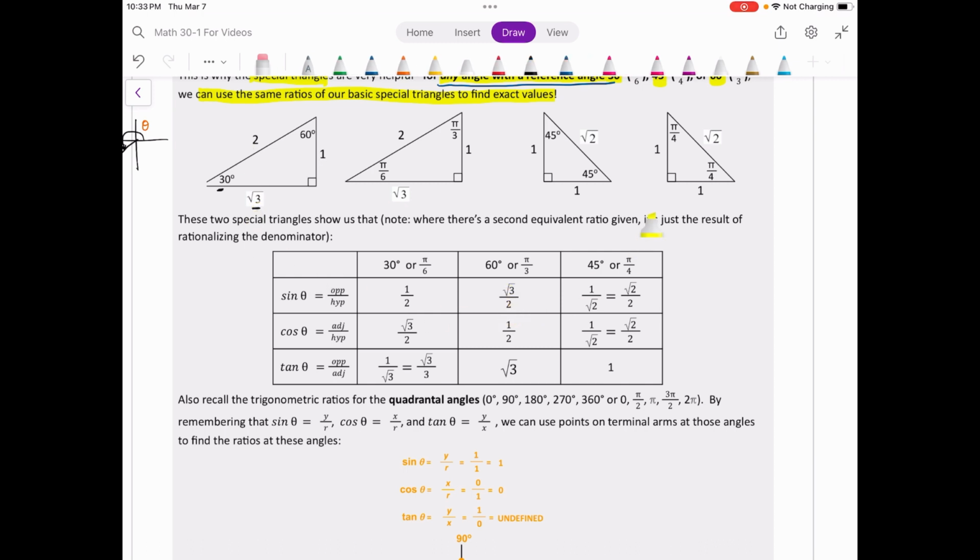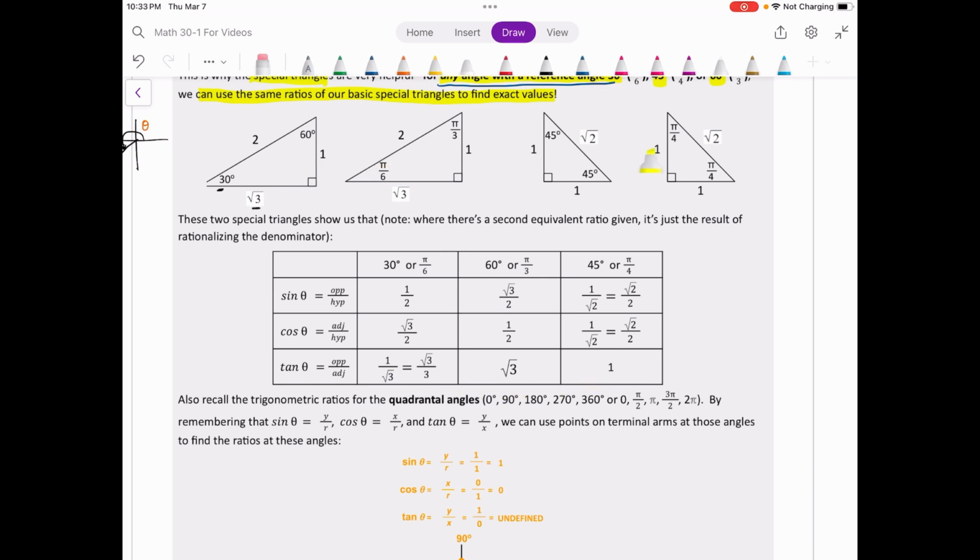The sine of 45 degrees, opposite 1 over hypotenuse root 2, which we would rationalize to root 2 over 2. Cos of 30, root 3 over 2, adjacent over hypotenuse. Cos of 60, adjacent over hypotenuse, 1 over 2. And that's all we do.